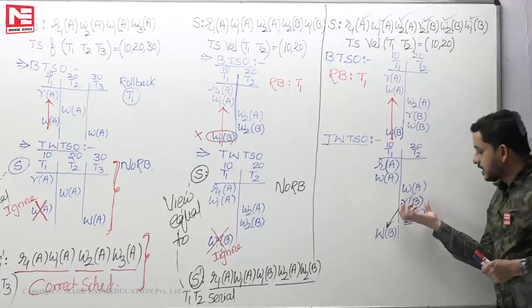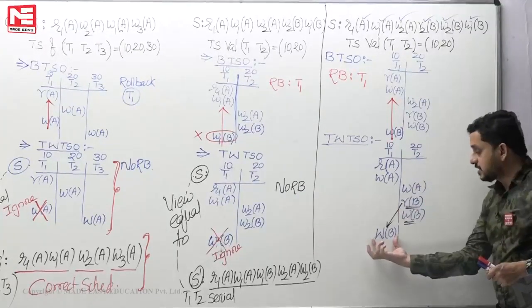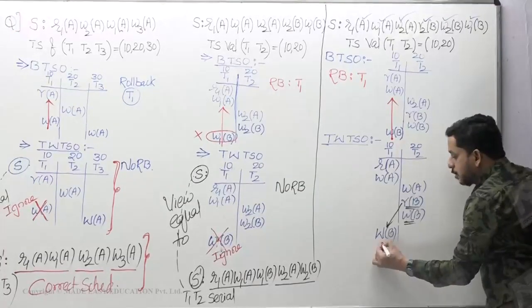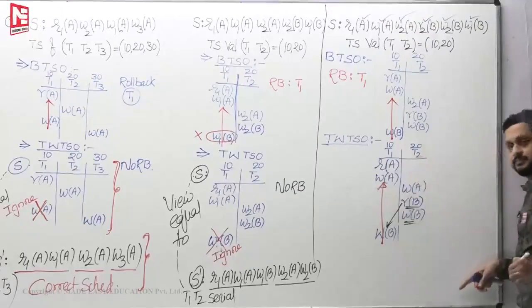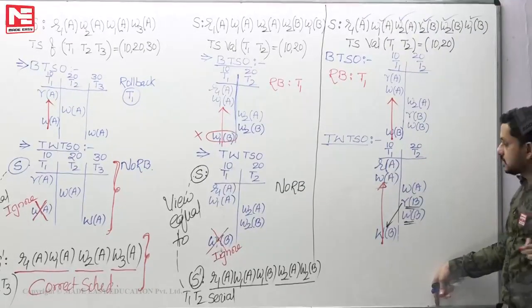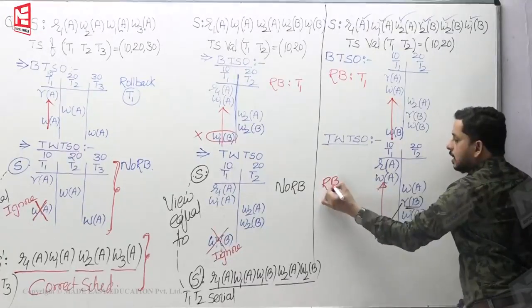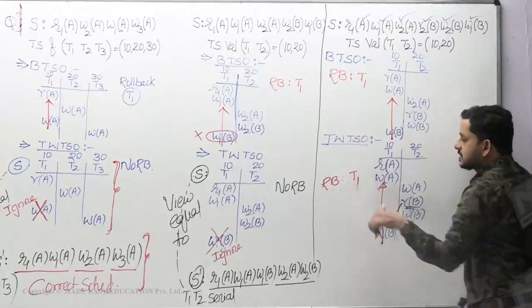In this case also roll back the transaction. The Thomas write rule also rolls back transaction T1.